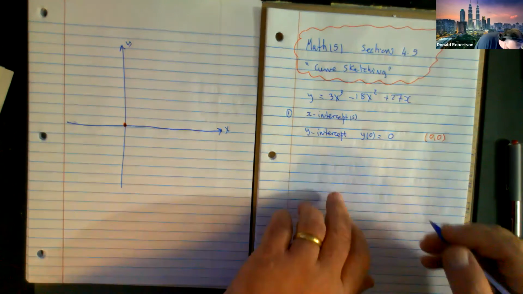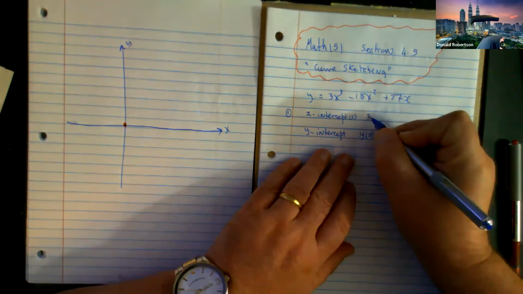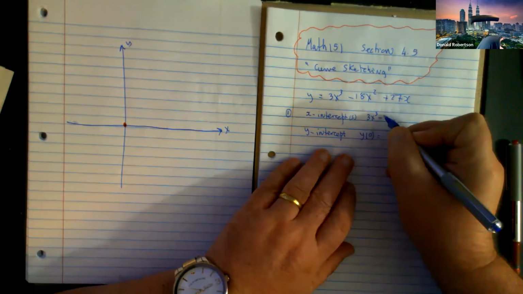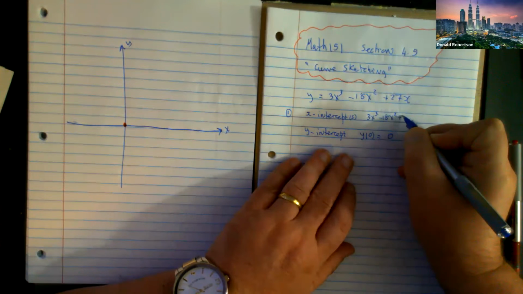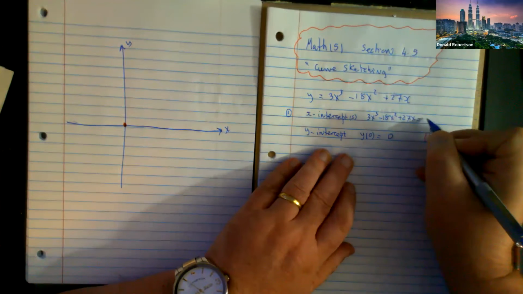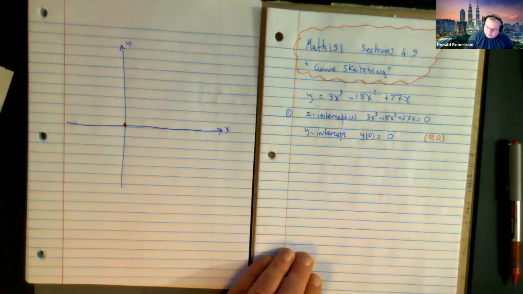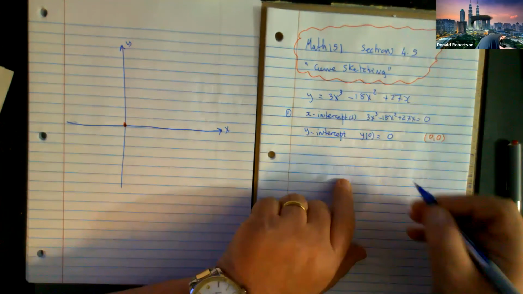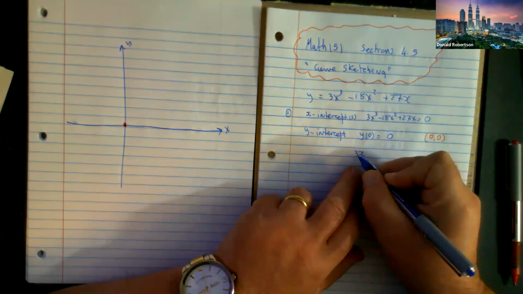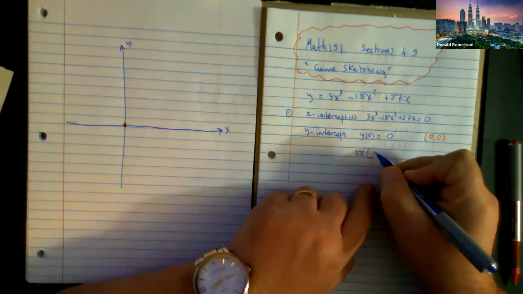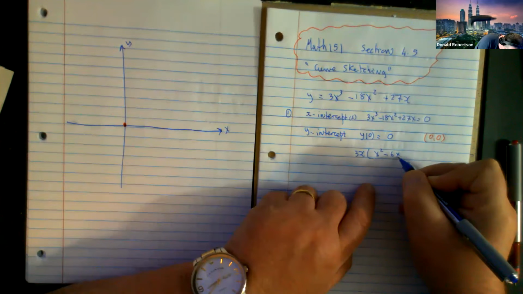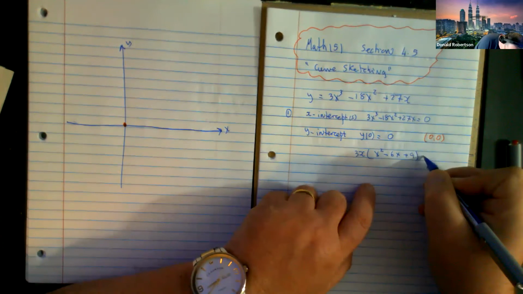Now the x-intercept, if you want to get that, don't you solve when this is equal to 0, right? I'm going to pull out 3x as a common factor, and that leaves me with x squared, take away 6x plus 9 equals 0.